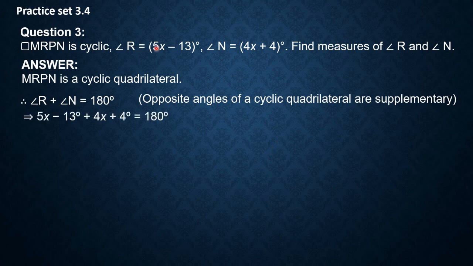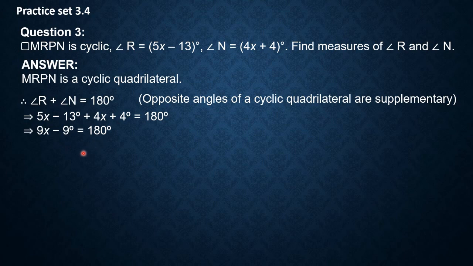We'll substitute the values of angle R and angle N given in the question. Angle R is 5x minus 13, angle N is 4x plus 4, equal to 180 degrees. So we add 5x and 4x, which will be 9x, and minus 13 plus 4 will be minus 9. So we get the new equation: 9x minus 9 equal to 180 degrees.